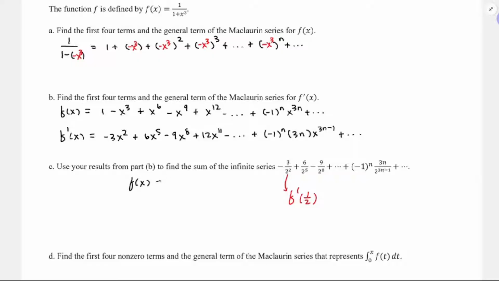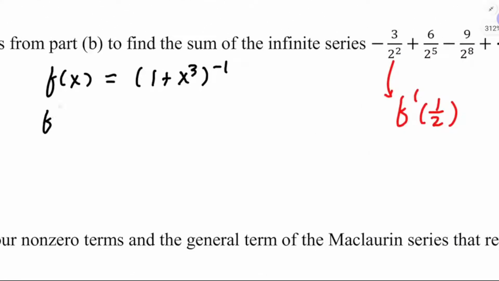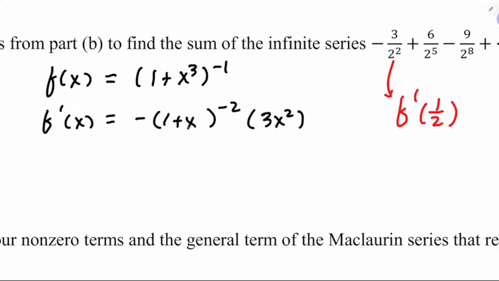So that's going to be equal to 1 plus x to the 3 to the negative first power. And then I'm going to take the derivative of this thing. That'll be negative of that thing to the negative 2 power times the derivative of that thing, and we leave the inside the same, right?